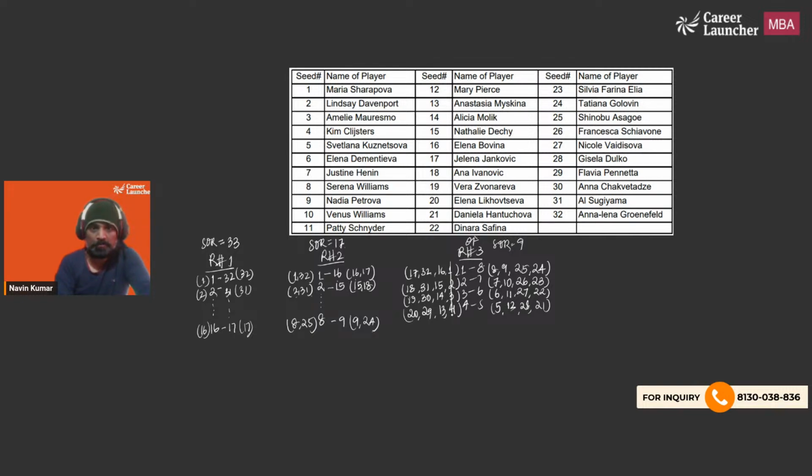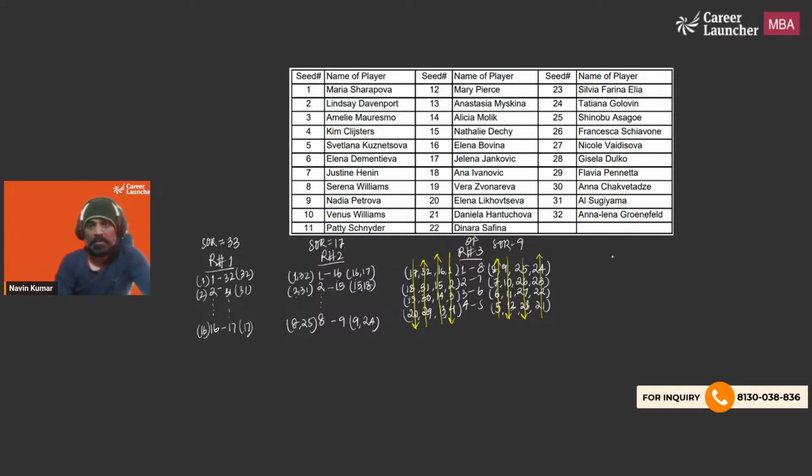So it's 1, 2, 3, 4, and so on up to 32. Right? It goes from top to bottom, and in the next one also it goes from top to bottom. Then from the next one it will go from bottom to top.